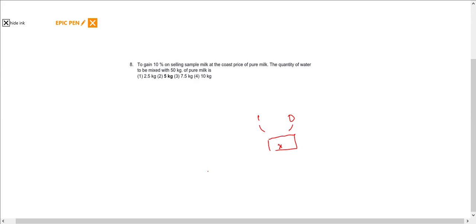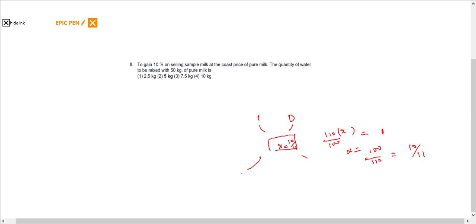Let me assume this to be x, and 110% of x is going to give me my cost price. My cost price is what? 1. So this particular x is nothing but 100 by 110, which is equal to 10 by 11. So this is my x. So x is equal to 10 by 11.